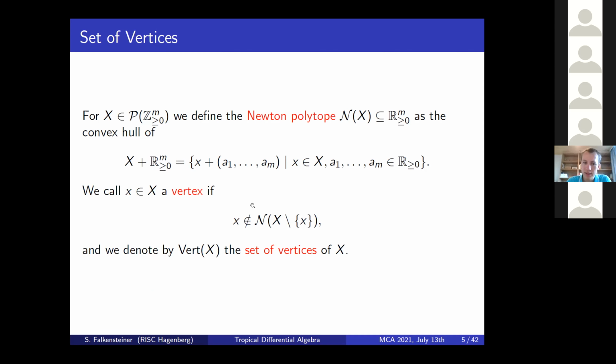And we also speak of a vertex if this point lies on the boundary of the Newton polytope, and it's really essential. So if you would remove it from the set, the Newton polytope would change. And we call this set the set of vertices.